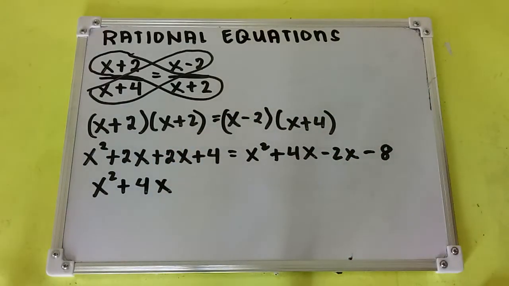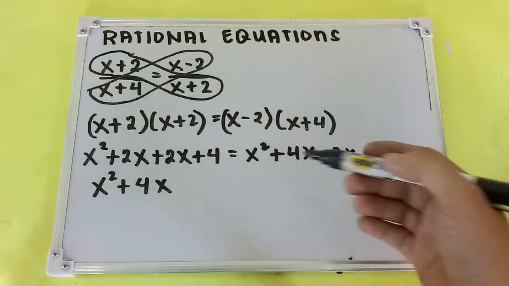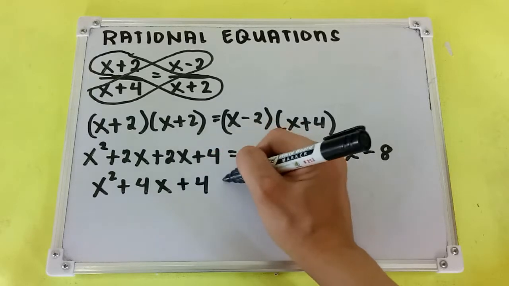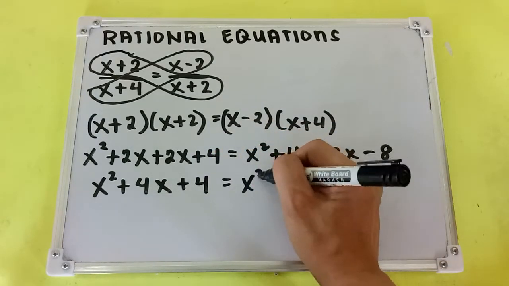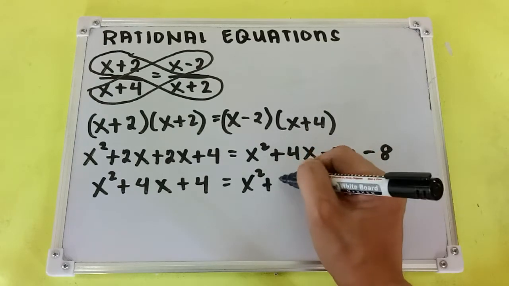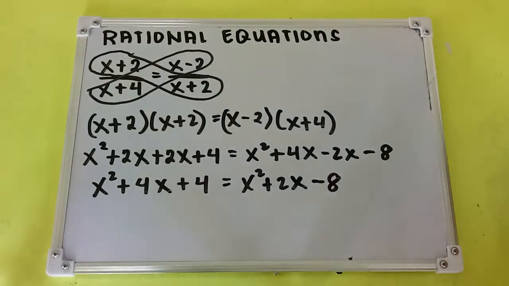If you are confused about combining like terms, the distribution method, or operations of integers, I think you need to watch other videos from other sources to refresh how those are done. So x squared plus 4x plus 4. On the other side, x squared, 4x minus 2x is positive 2x, minus 8.